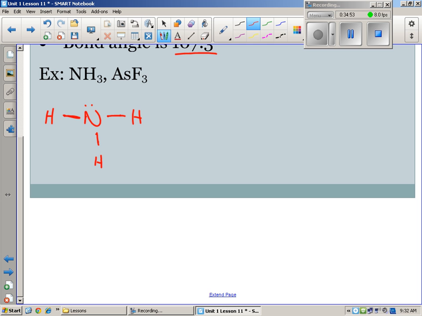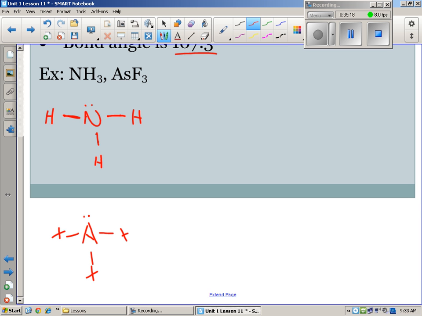Once again, this is A, X, X, X. There are 4 things around the central atom. That's why it belongs to the tetrahedral family. However, only 3 of those things are atoms. That's why instead of saying tetrahedral for this one, you can't call it the same thing.